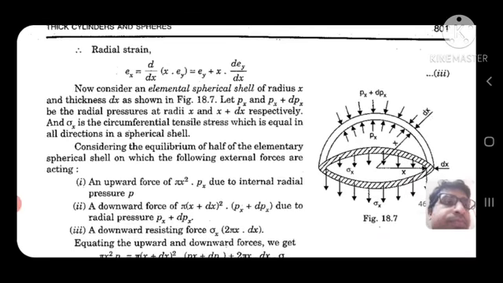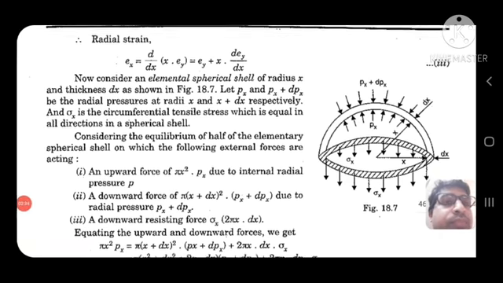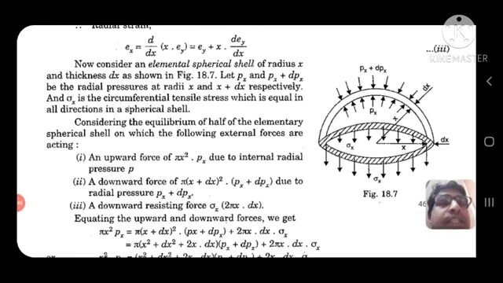Now radial strain Ex is equal to d by dx of x dot Ey, which equals Ey plus x dEy by dx. Now consider an elemental spherical shell of radius x and thickness dx as shown in figure.